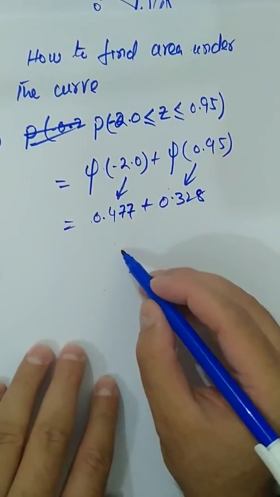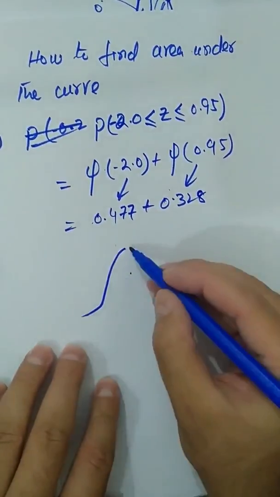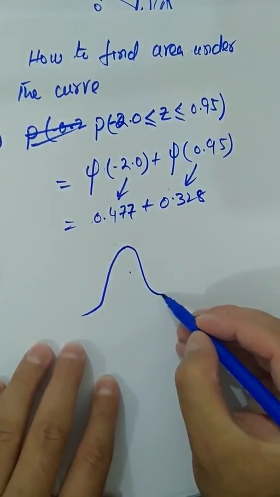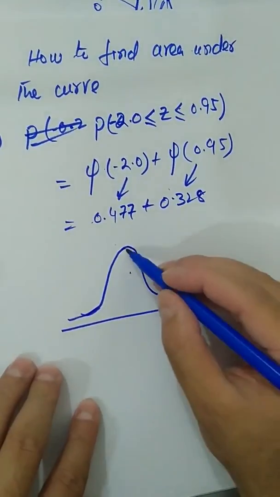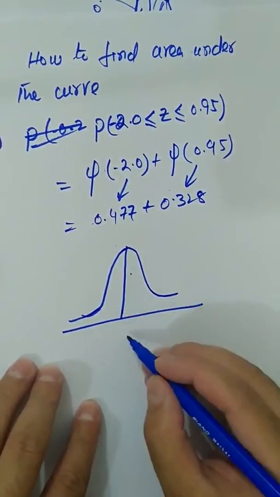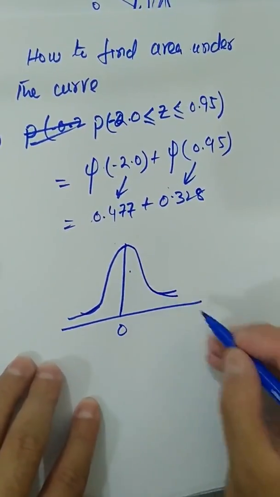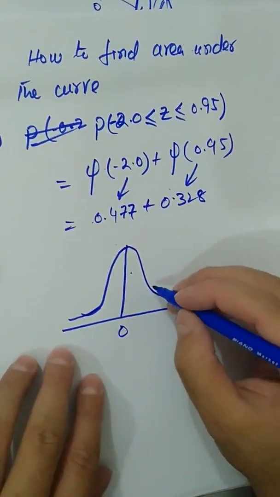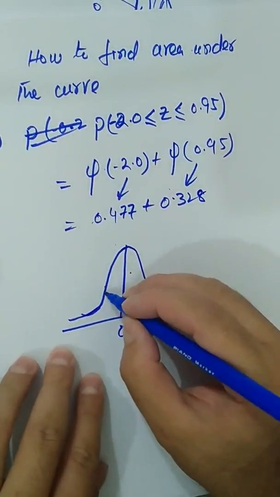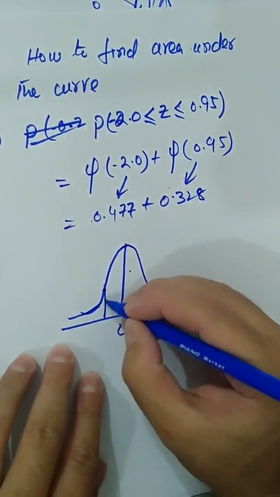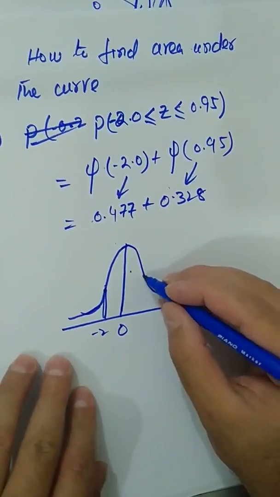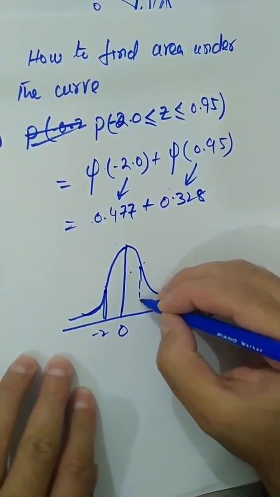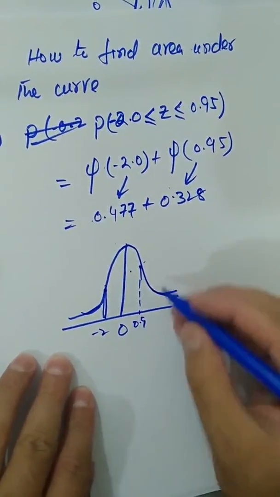So the standard normal distribution is like this. Here z is equal to 0, and here the value of z is minus 2, and here the value of z is 0.95.